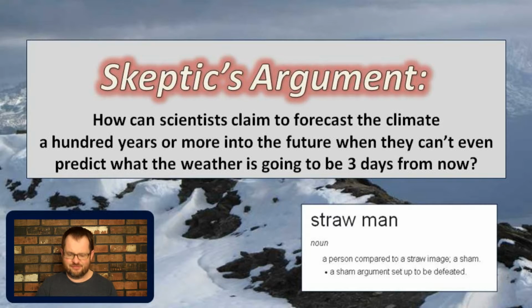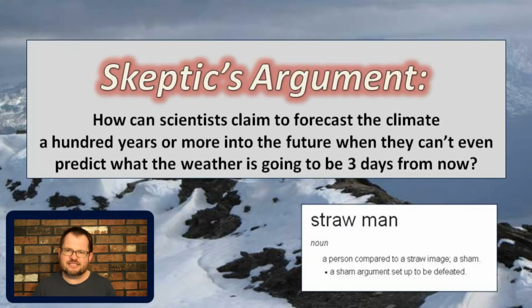It's when you set up a sham argument so that you can discredit it. I'm obviously going to tell you that what this skeptic is saying here is not true, and then we're going to have to figure out why. No individual says this, but this is sort of a straw man. We're setting up an argument that I'm going to disprove to you.